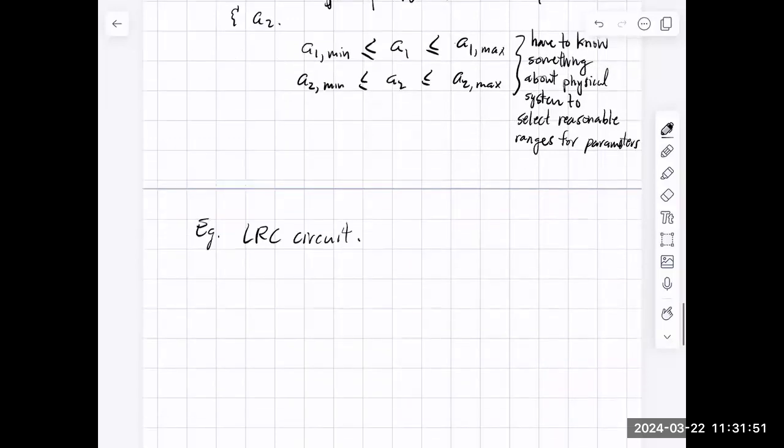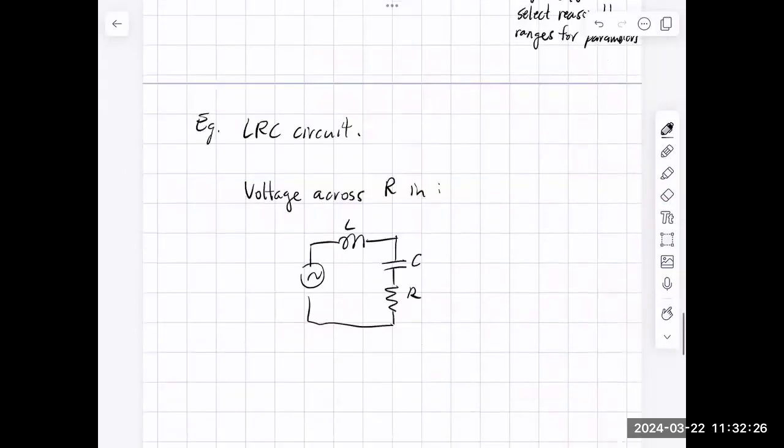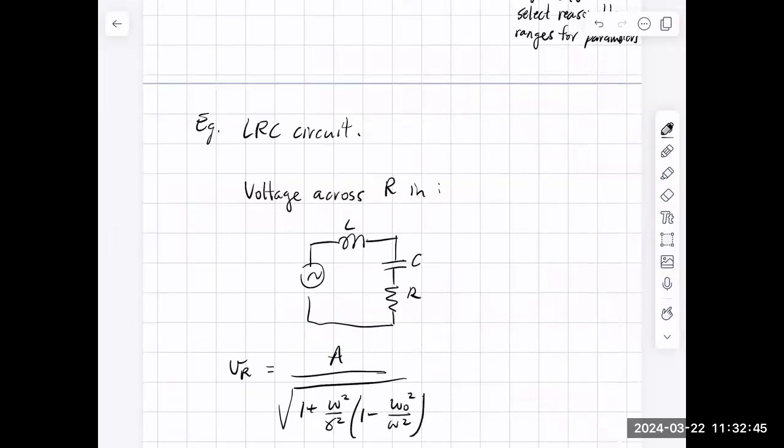For the voltage across a resistor, the expression is something like the voltage across the resistor is some amplitude A divided by 1 plus omega squared over gamma squared times (1 minus omega naught squared over omega squared) all squared.